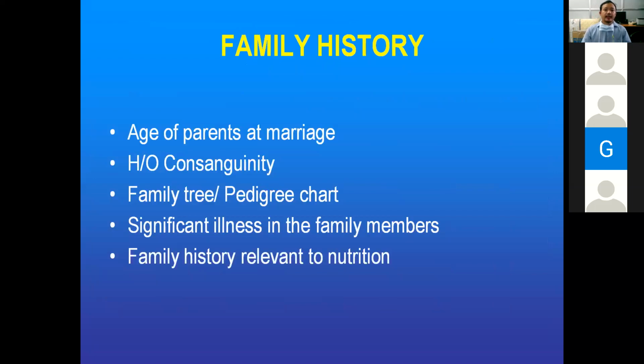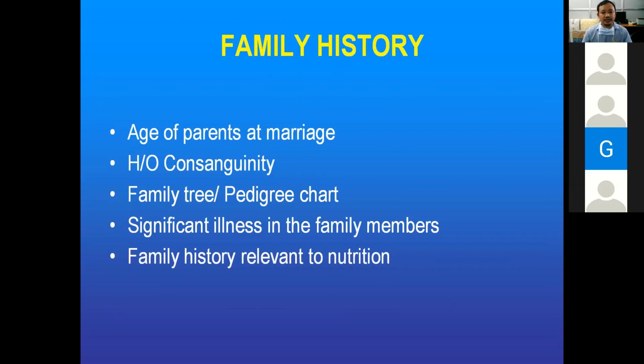Family history. Family history is important because family history has a strong bearing on disease propensity of an individual. Some diseases are genetic, and some communicable diseases spread faster within the family. So there are certain important aspects which we have to record, like what is the age of parents at marriage.